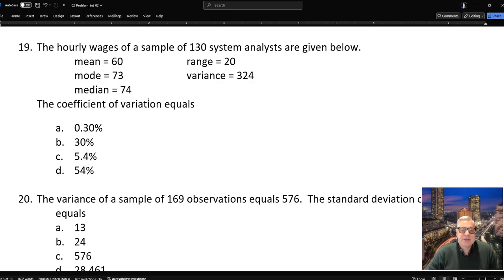The mean is 60 and the variance is 324. Taking the square root of 324, that should be 18 if I remember correctly. Let's quickly double check. So that's 18, and then we have to divide 18 by 60, and that should be 0.3, which is 30%.